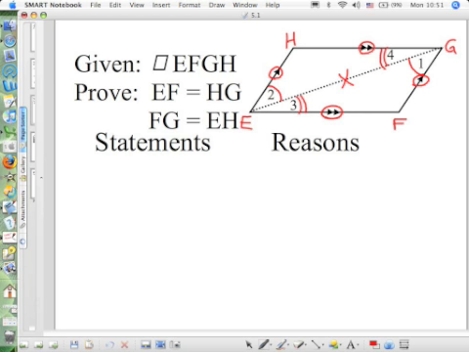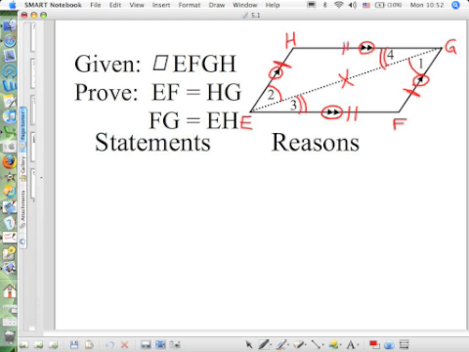All right, so if the two triangles are congruent, then the corresponding parts of them are also congruent, right? Well, just look at the triangles. Which side would be corresponding to EH? FG. Which side would be corresponding to EF?